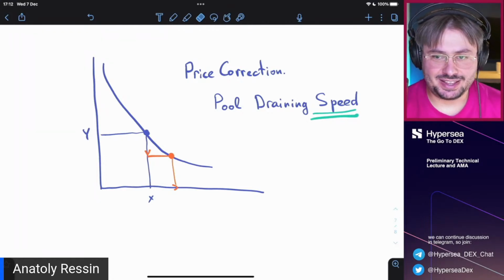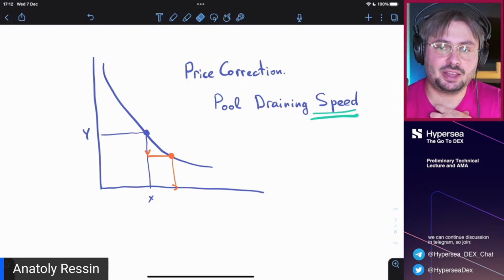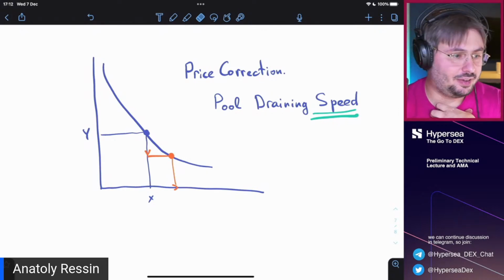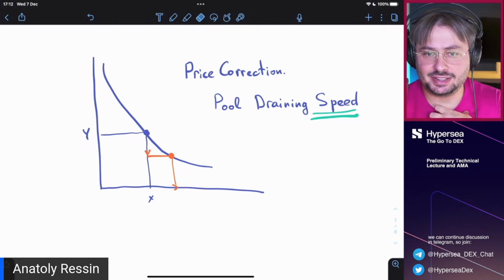And when we change the price, not oracles, but we, by applying this correction coefficient, we influence the volatility.